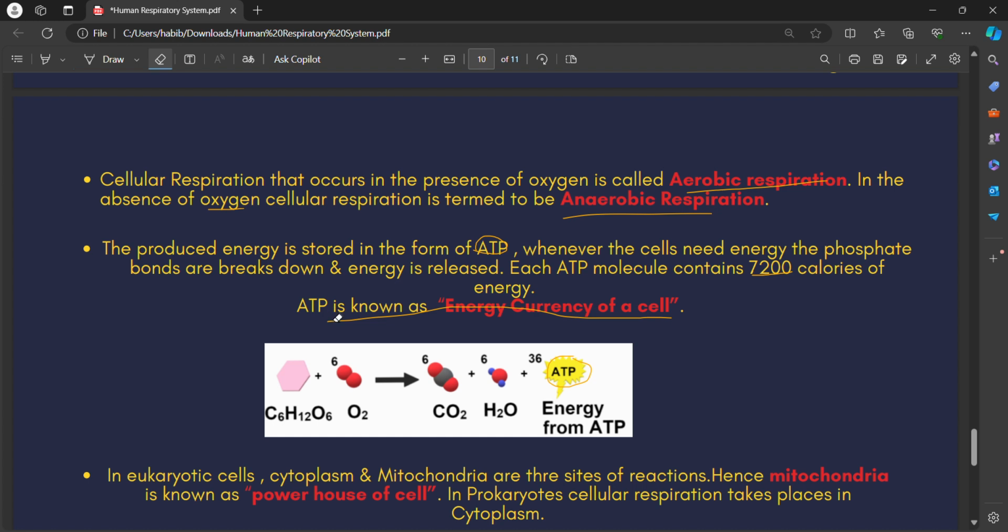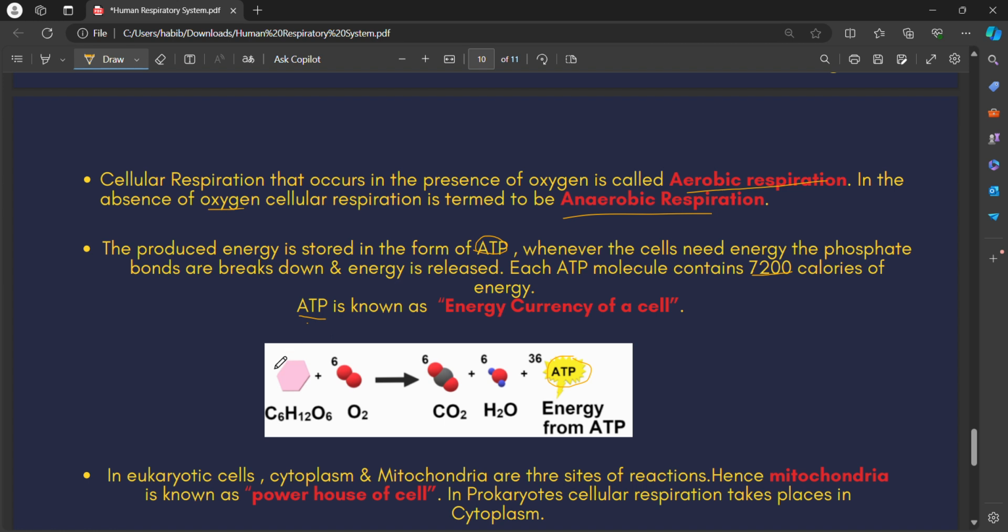So whenever our body needs energy, these ATP molecules release energy by the breakdown of phosphate bonds. So ATP stores the energy in its phosphate bonds. Why are we saying phosphate bonds? The name itself, ATP, adenosine triphosphate, means this molecule is made up of phosphate bonds and the energy is stored in phosphate bonds. When these bonds break, only then is the energy released.